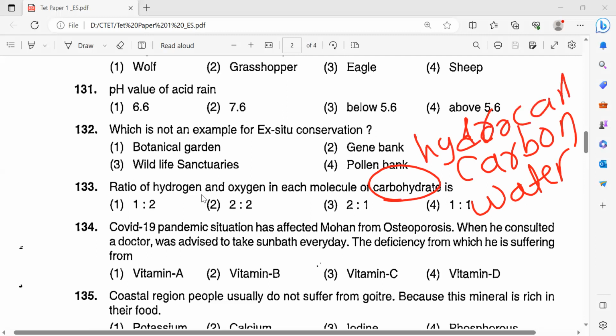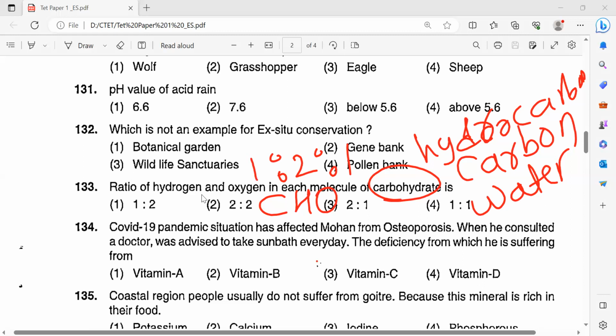These are made up of carbon, hydrogen, and oxygen. Carbon, hydrogen, and oxygen will be in the ratio 1:2:1. Carbon is 1, hydrogen is 2, oxygen is 1.